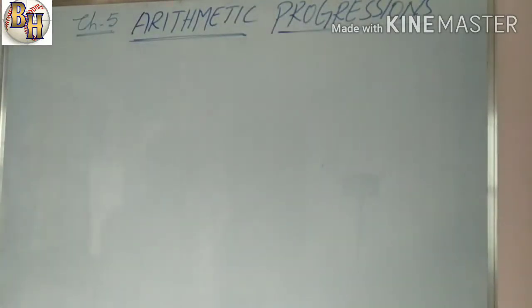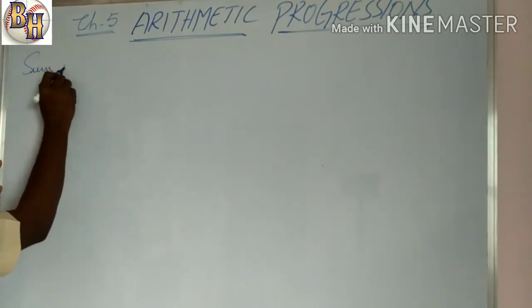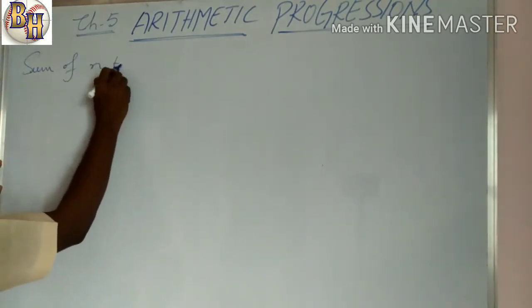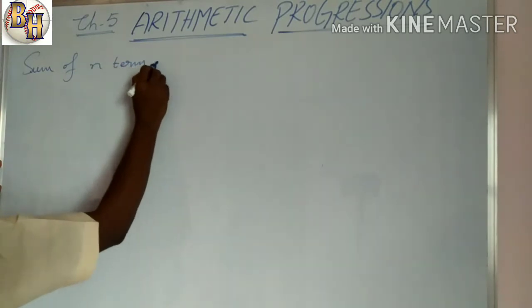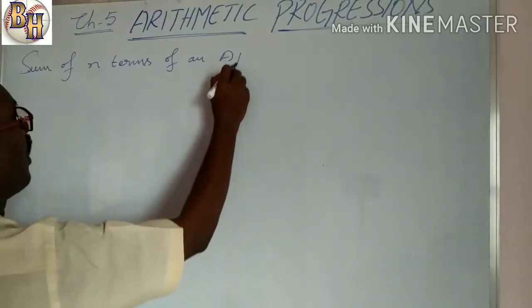First thing. Suppose, for example, how to write here, see. Sum of n terms of an AP, how to find?